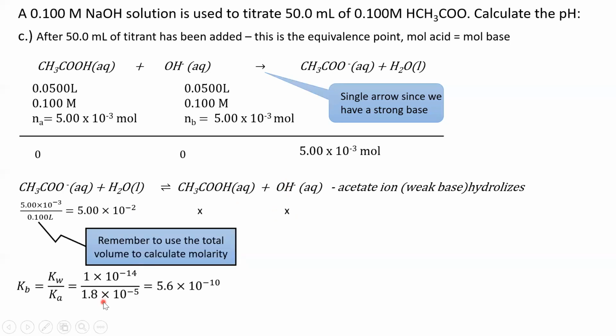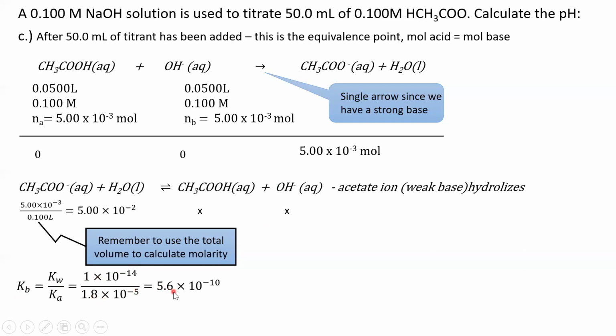In the previous question, we were given the Ka for acetic acid. But we're looking at a base now. Since we're looking at a base, we need Kb. And Kb is calculated by taking Kw and dividing it by Ka.